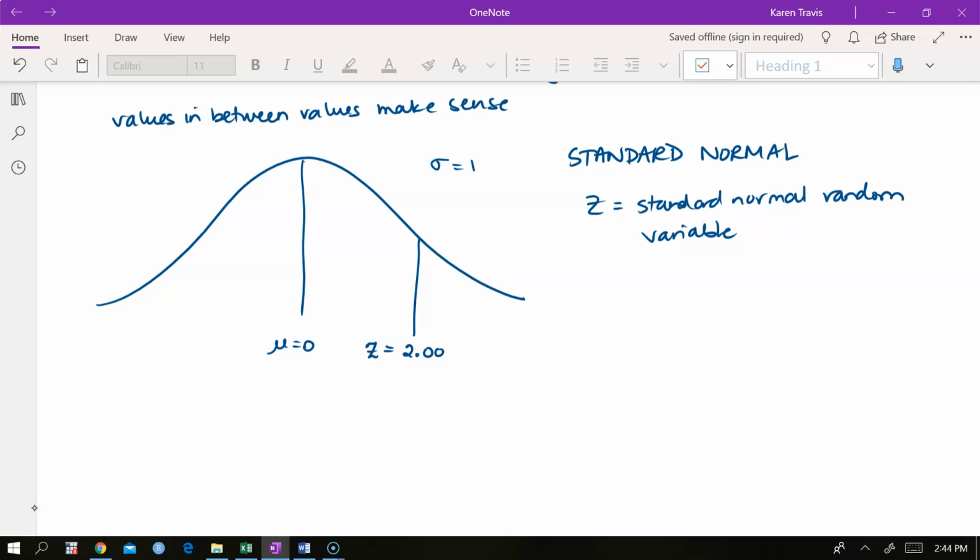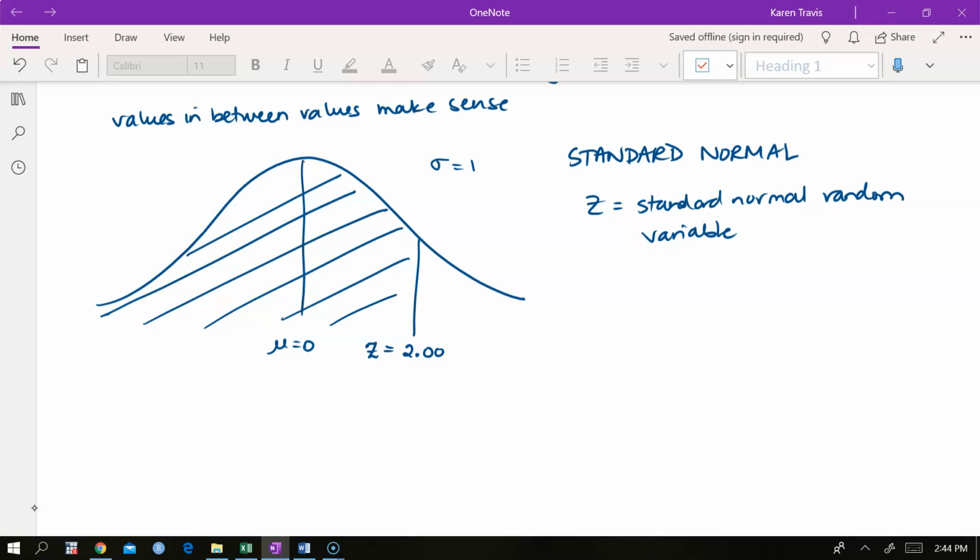So instead of before, like x equals 1 had a particular probability, now we're going to have to say things like, what's the chance that x is between some range? So if you look at your normal table, what we'll need to do is think about a range of outcomes, and then the percentage of the area under the curve in that range will tell us the chance of that outcome.